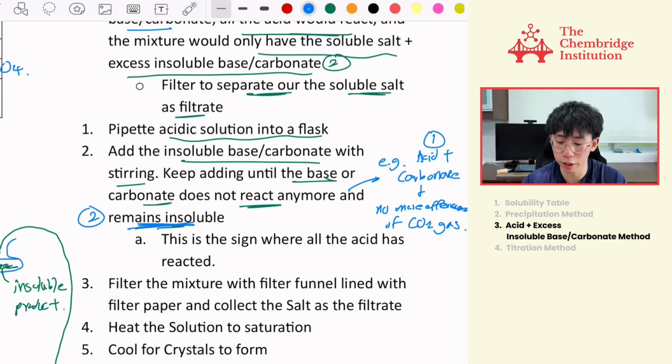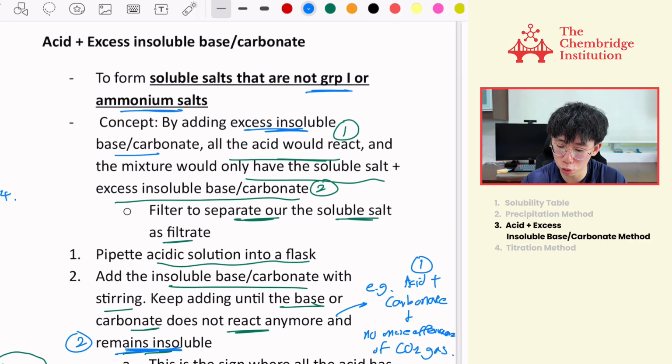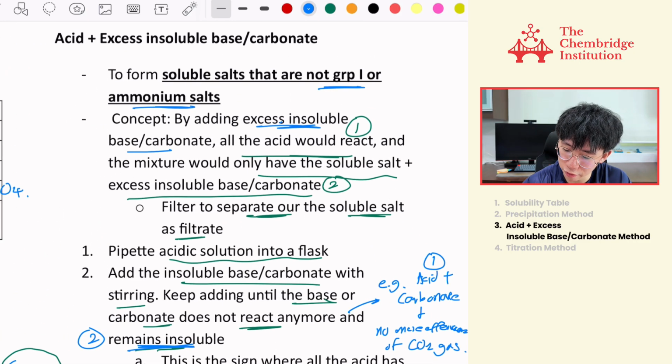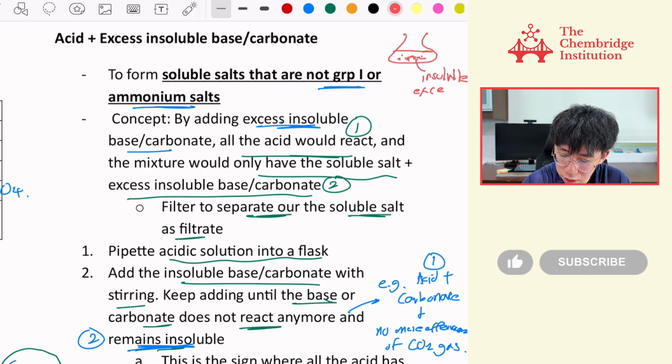So you can imagine, in this step 2, if I were to draw this out, your conical flask will be filled with a ton of residue, and this is the insoluble excess base or carbonate.